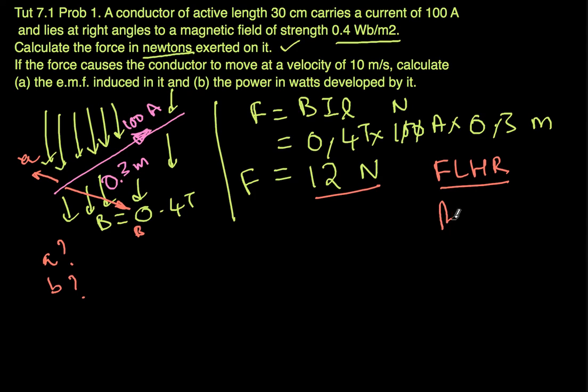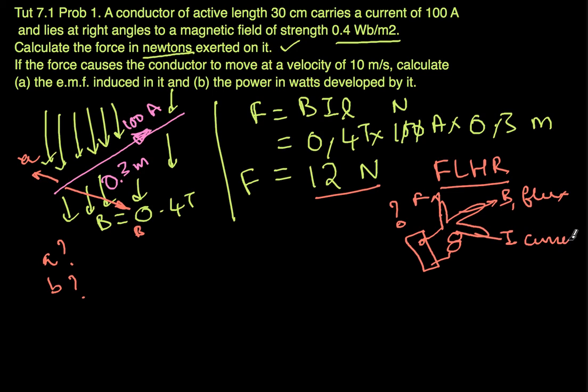This is the thumb, this is the first finger, this is the second finger, and these are the other two fingers, and this is the palm, and this is your left hand. So this is F, this is B, and this is I. F is force, which is unknown, B is flux, which is known, and I is current.